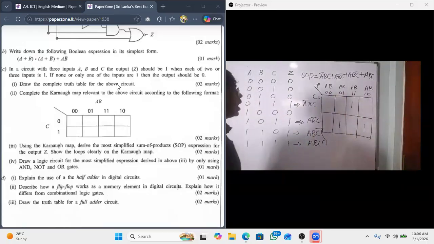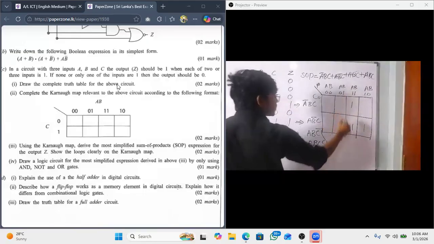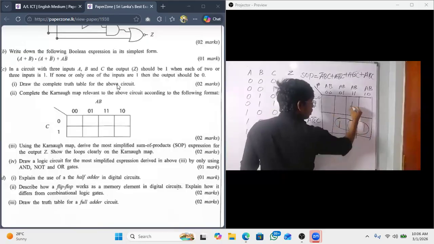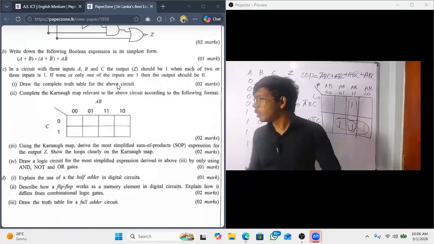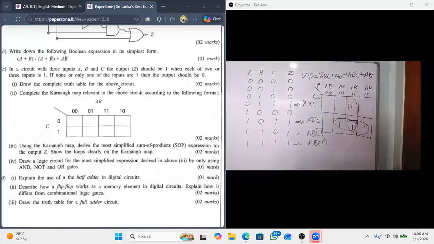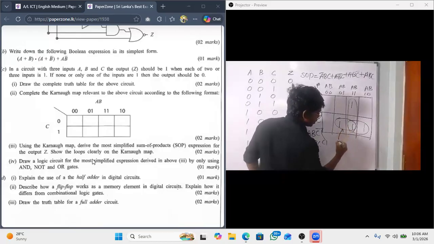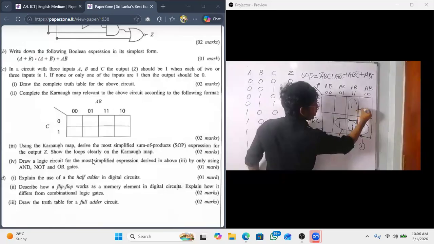Then A1, B1, C1: this. How to group now? No other option. These are the three groups you should make. Now what you have to do? You should name the groups. This is group 1. This is group 2. This is group 3.